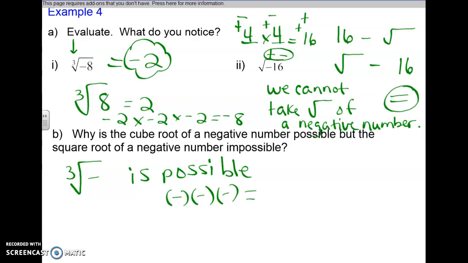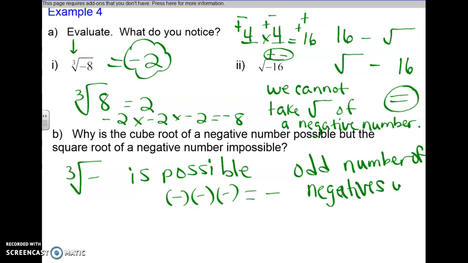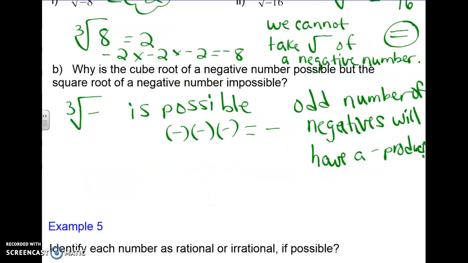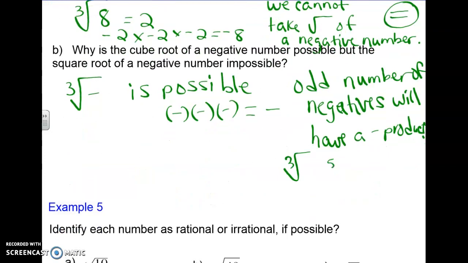An odd number of negatives multiplied will always give me a negative answer. So let's jot a little note there. An odd number of negatives multiplied will have a negative product. And that'll work for cube roots, fifth roots, and 7th roots because all of the indices are odd.